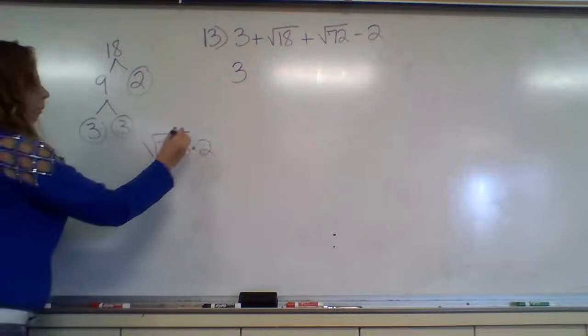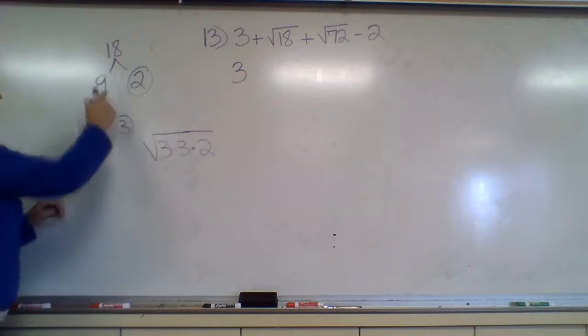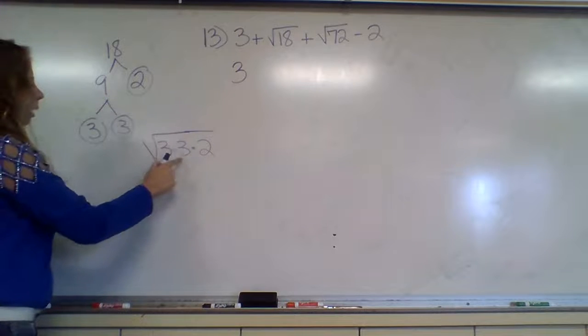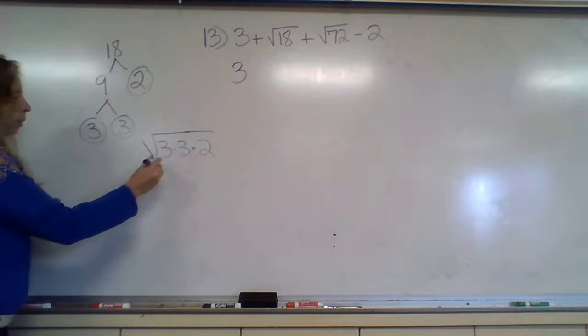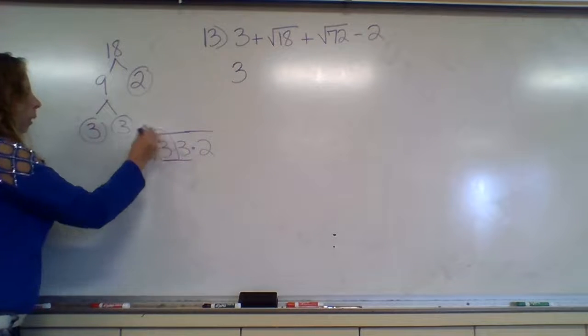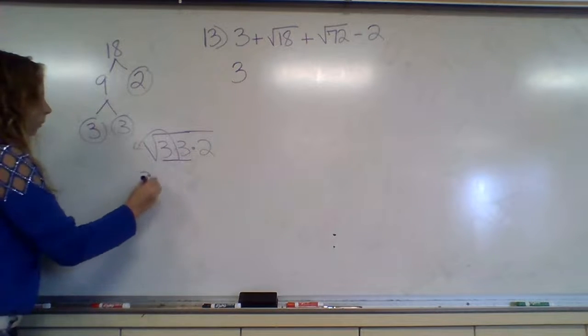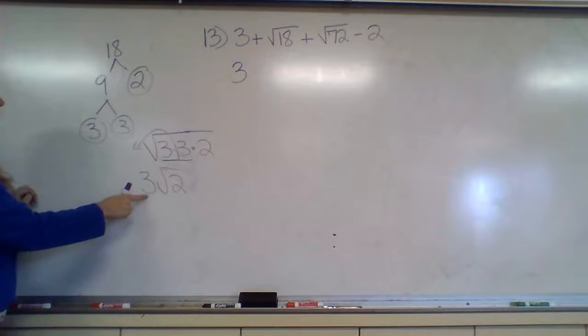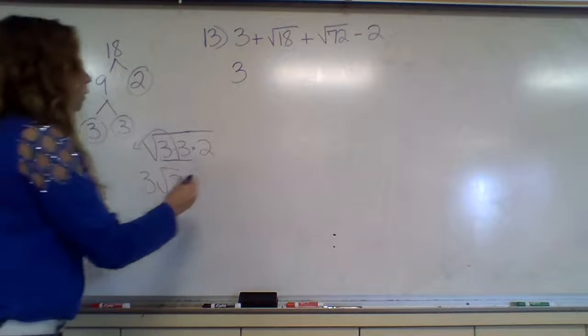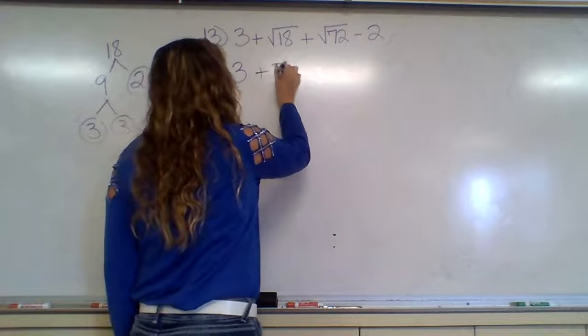The square root of 18 is the same thing as 3 times 3 times 2. You're doing square roots, so look for groups of 2. I have 2 3s, pull one out. So the square root of 18 is the same thing as 3 times the square root of 2.